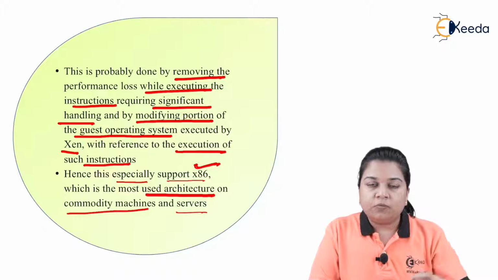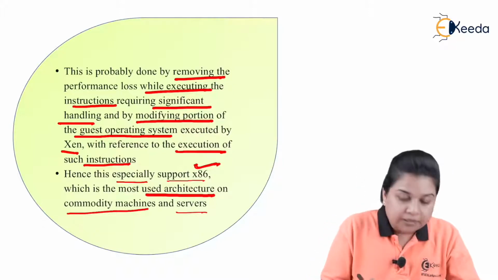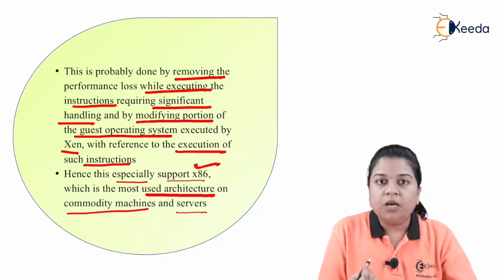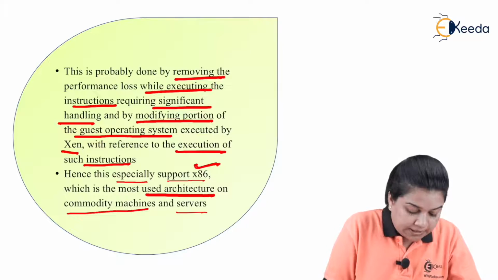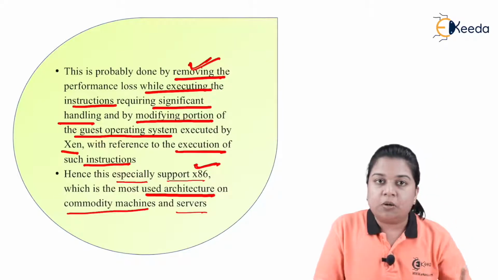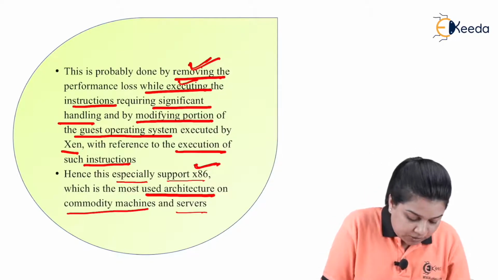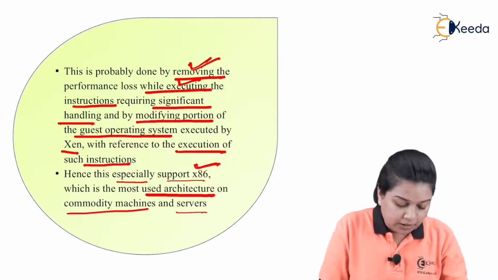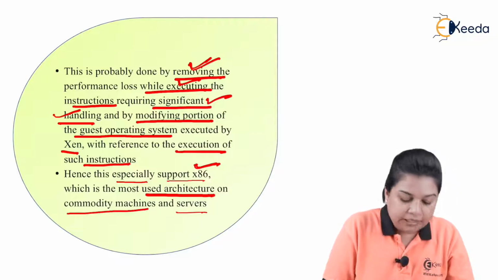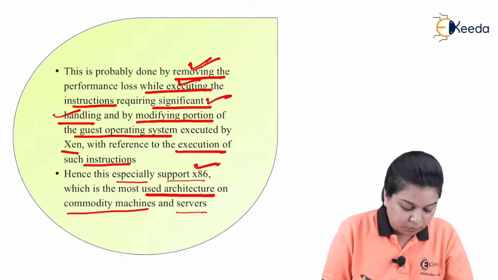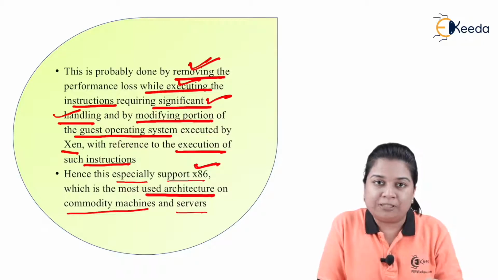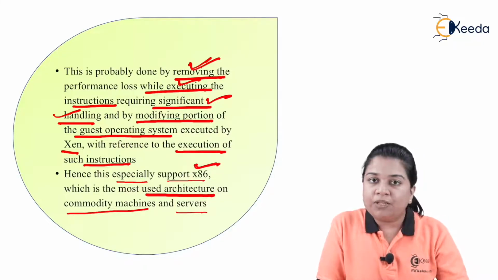So from this, what it wants to explain is how it enables the guest operating system to execute with high performance. This is done by removing the performance loss from executing instructions requiring significant handling, by modifying a portion of the guest operating system, because we want the guest operating system to execute with high performance.